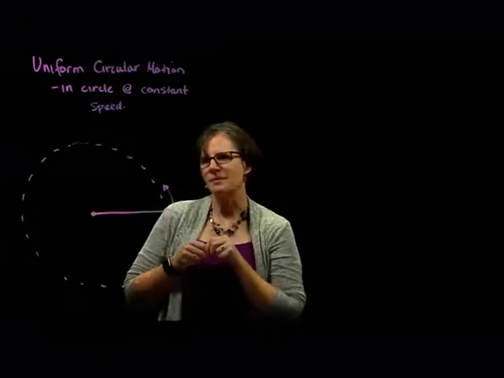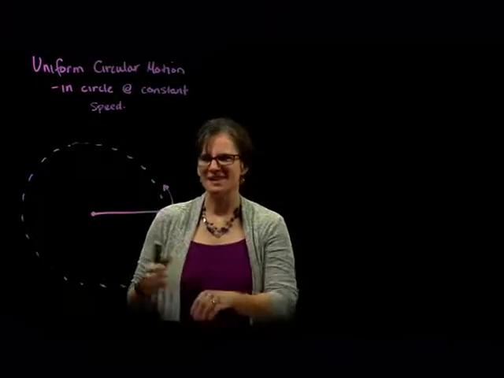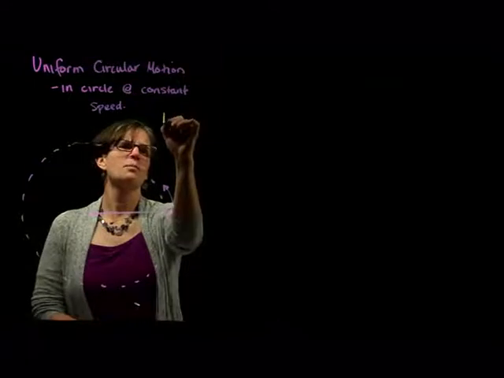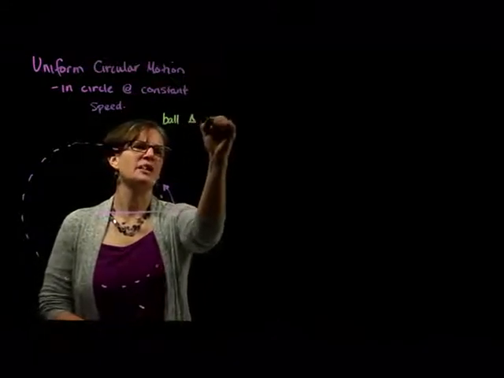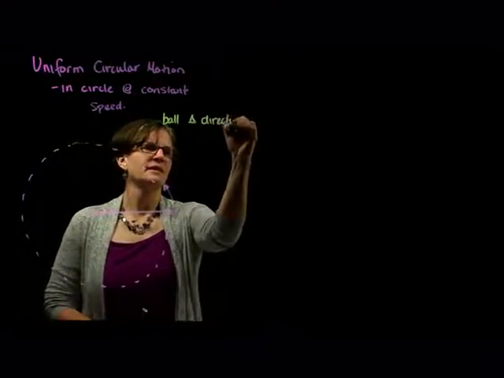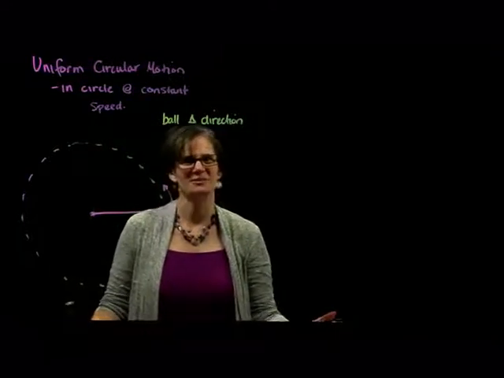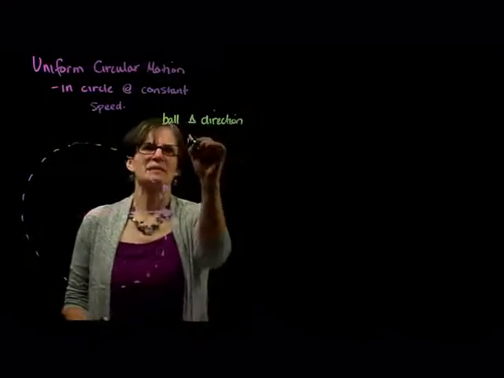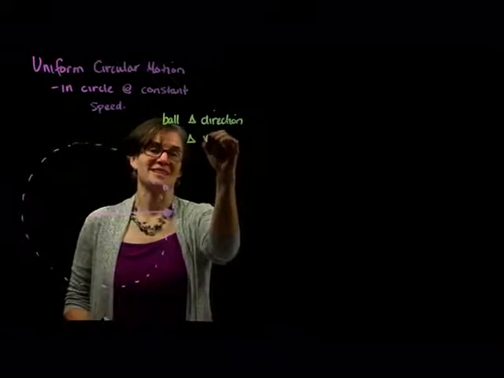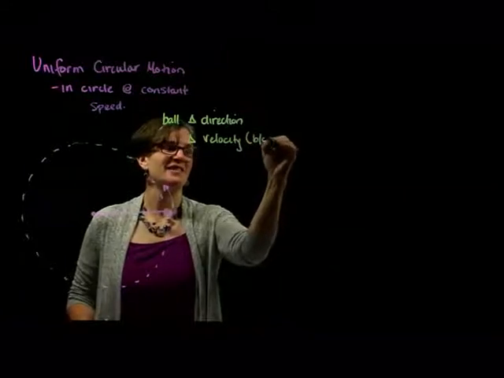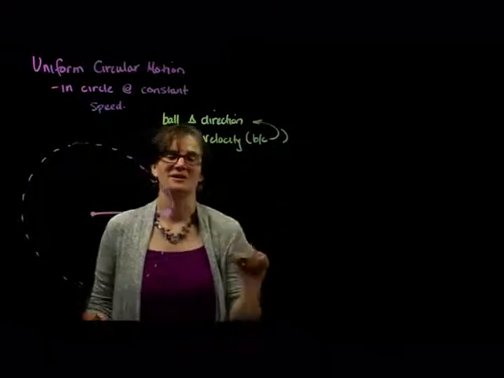But what's happening to the ball? Well, it's changing direction. It's curving in a circle. So the ball is changing direction. And since velocity depends on direction, then it must be changing velocity. And this is because of that change in direction.